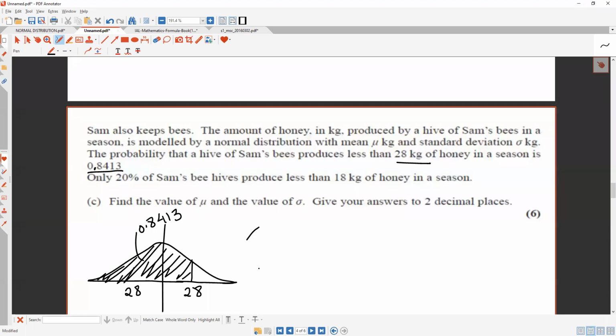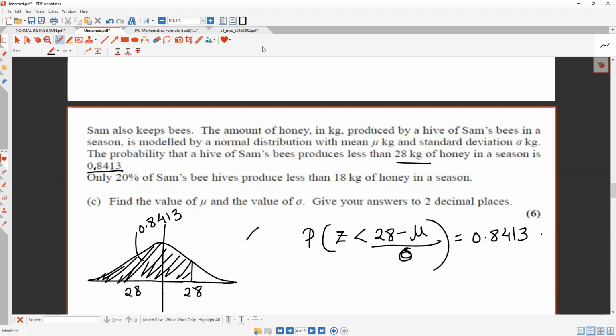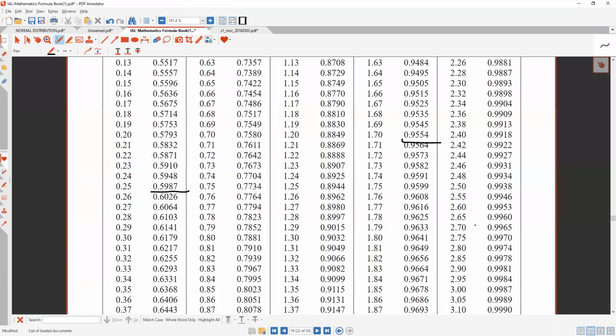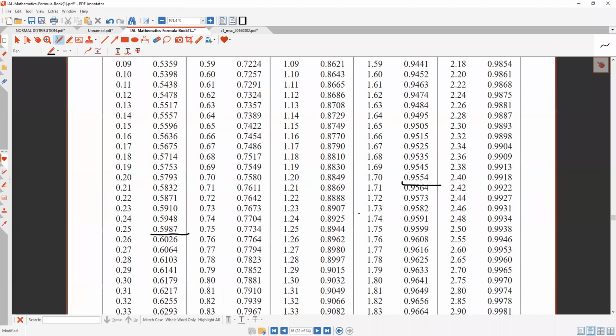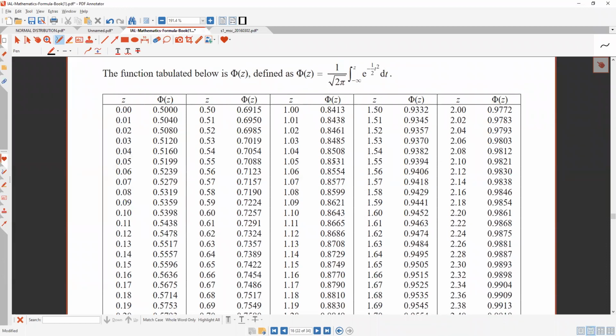Okay, so let's see what they wrote. Probability of Z less than (28 minus mu) divided by sigma equals 0.8413. Now how much is 0.8413? Let's check that in the table. Check the probability 0.8413.